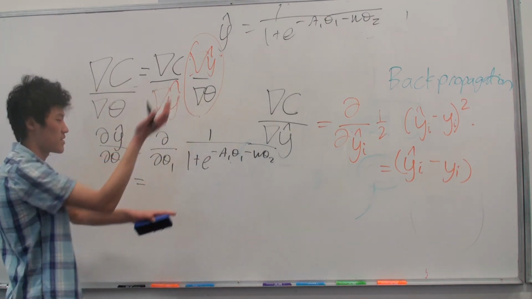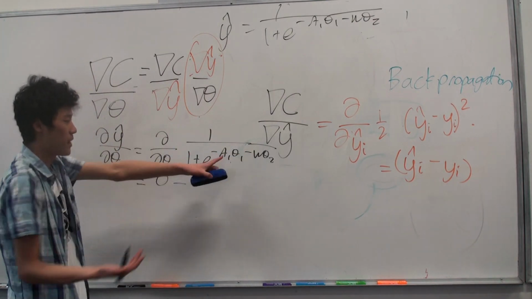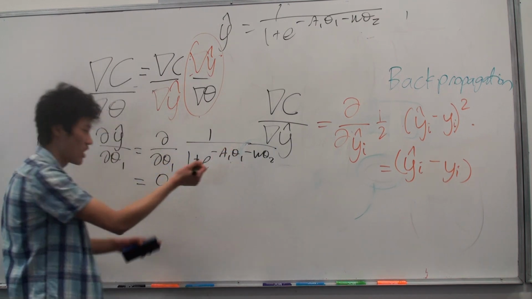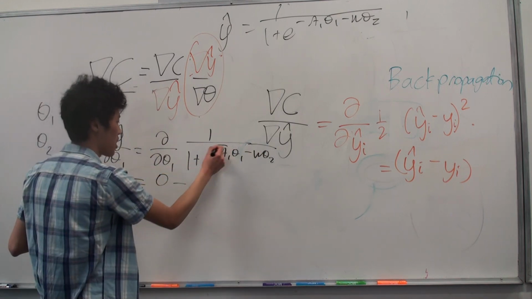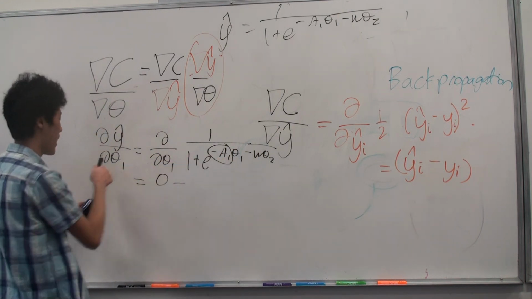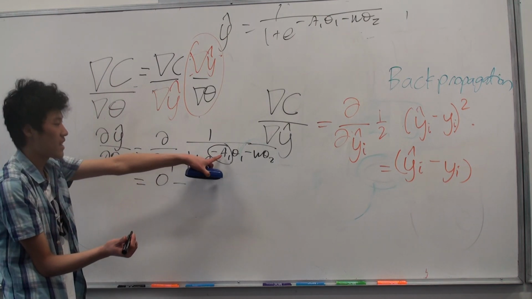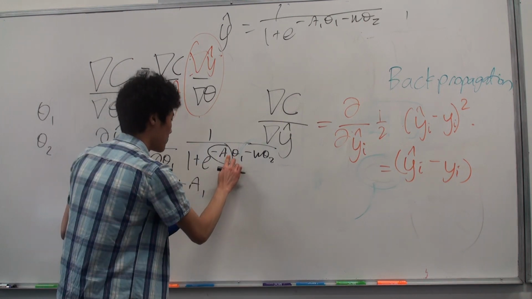The differential of the top is 0 times the bottom is 0, so 0 minus differential of the bottom. Remember, the differential of the exponential is just the same as itself times the differential of the top, and the differential of the top is this, because theta 1 is just here. But remember, there's a minus sign. So minus times minus a1 is positive.